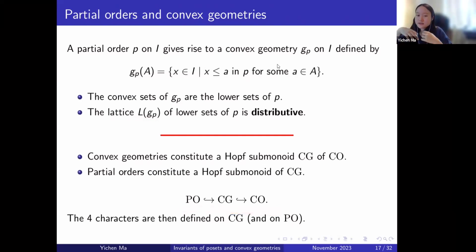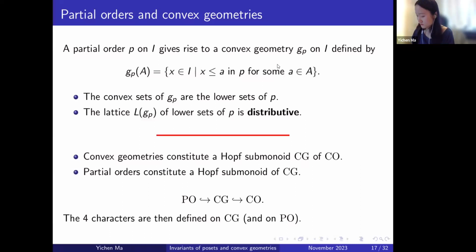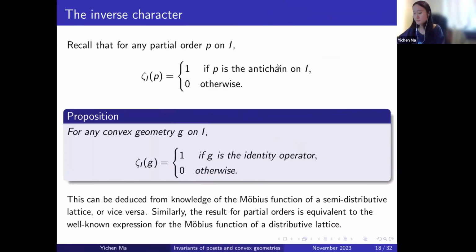Since we have the four characters defined on closure operators, we can restrict these characters to the convex geometries and the posets. We have discussed the partial order cases in the previous slides. Okay, so let's continue the discussion of characters on the convex geometries.